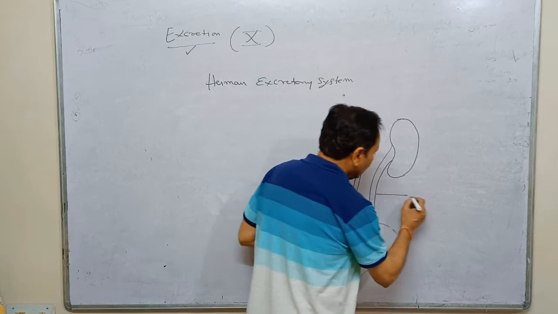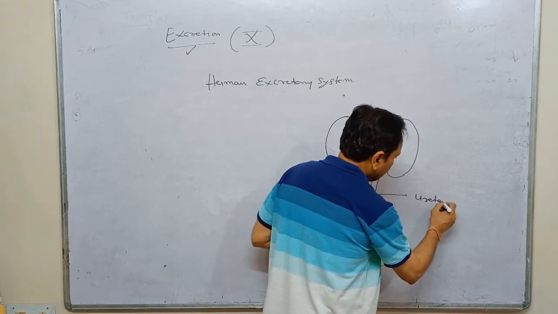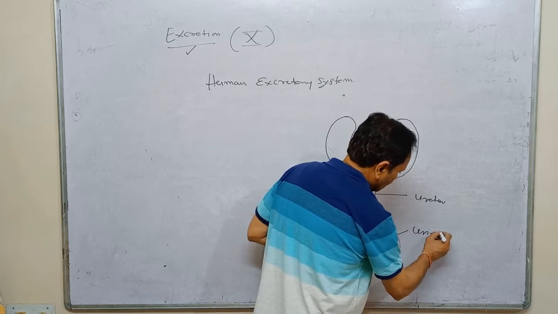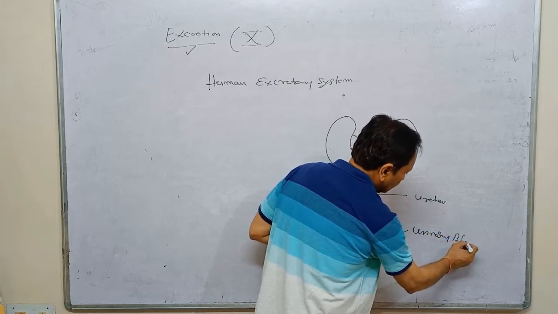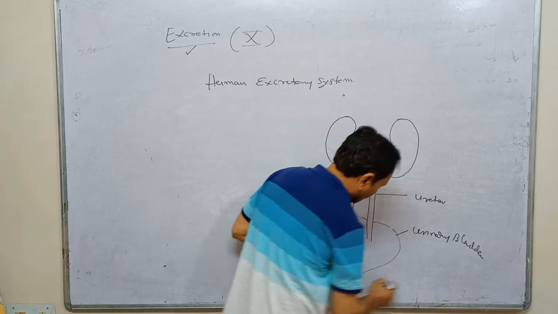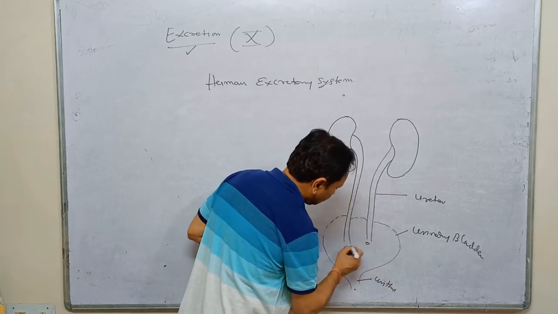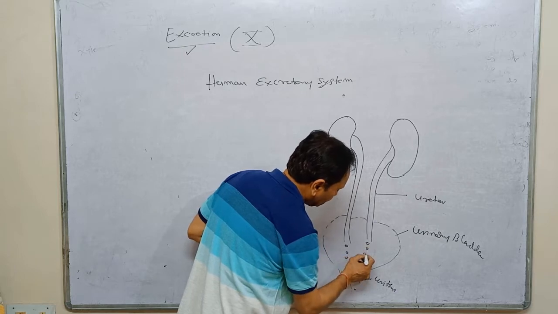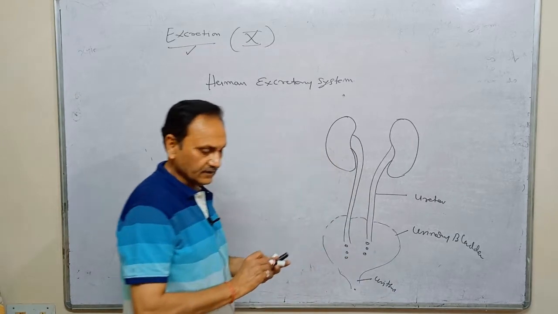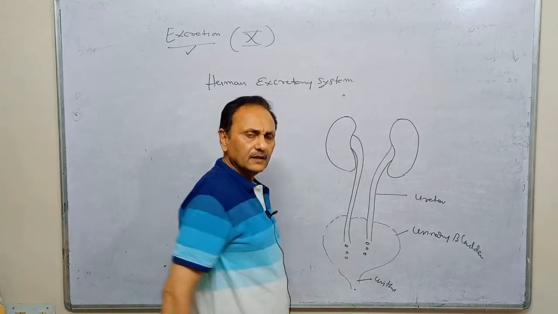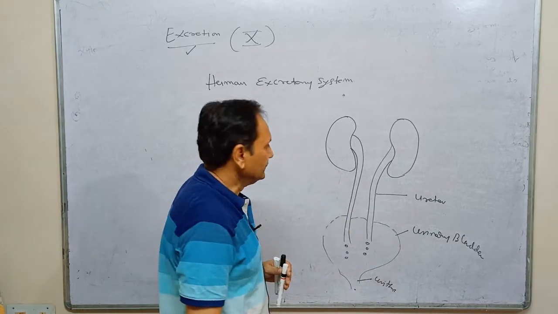This is called the ureter, this is called the urinary bladder, and this is called the urethra. The drop-wise urine is collected in the urinary bladder, and after reaching a suitable height, there is the urge to micturate.